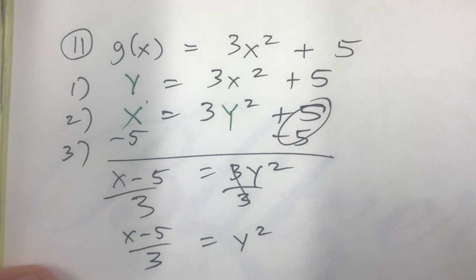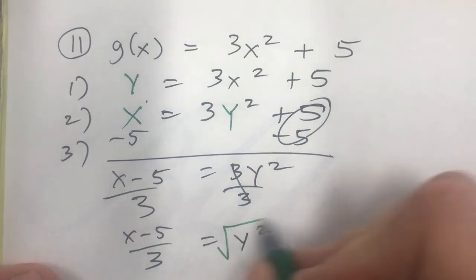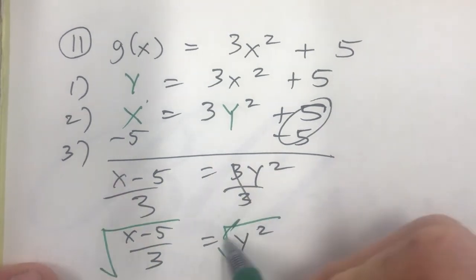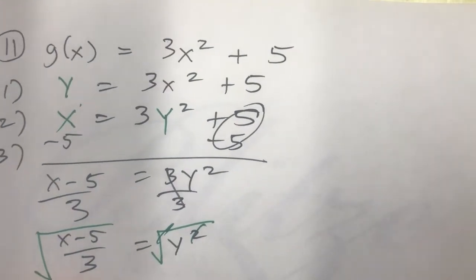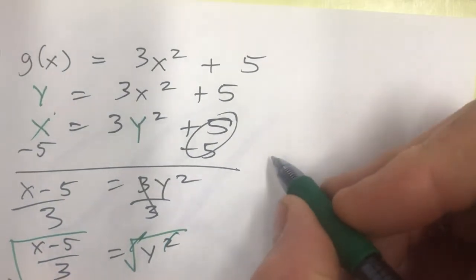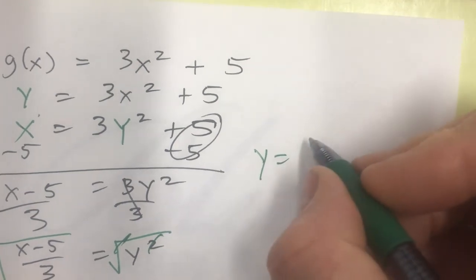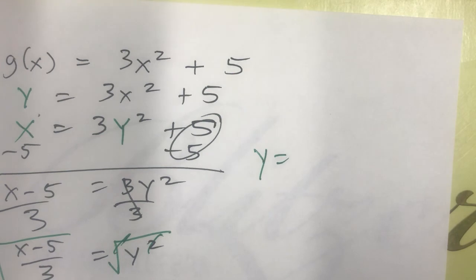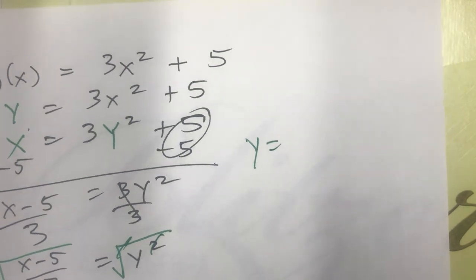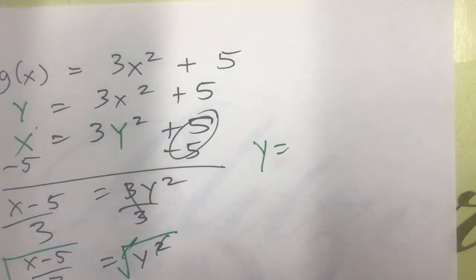Now, since I've got y squared, I can square root both sides to cancel off the square. Which means I'm going to have y equals, now when you do this, it could be plus or minus. When you square root both sides, it's always plus or minus. I don't know if they have an answer, so I don't really think it's something you have to know.